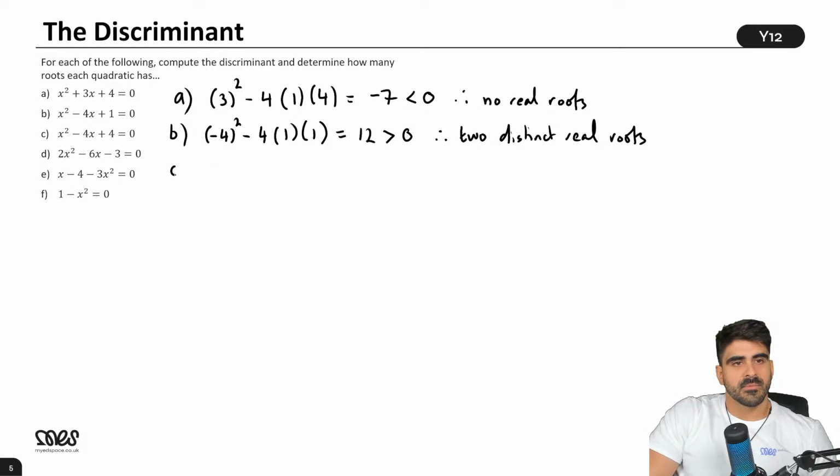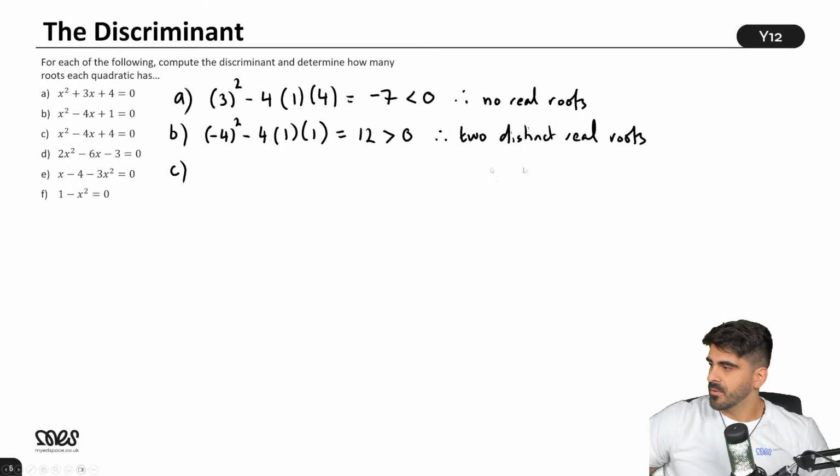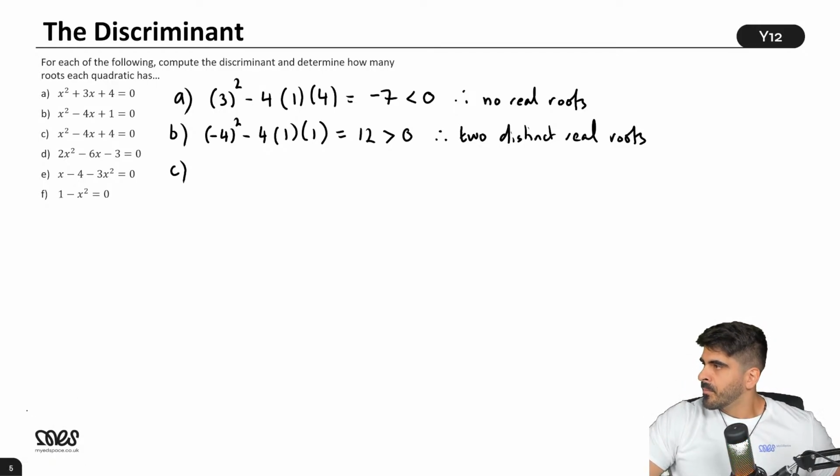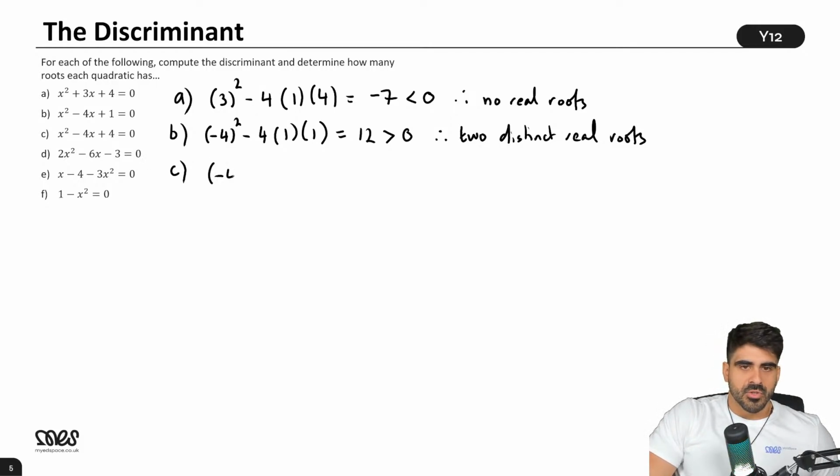All right, sweet. All right, what about part C? Zero, so 1 root. All right, let's see. So -4 squared minus 4ac.